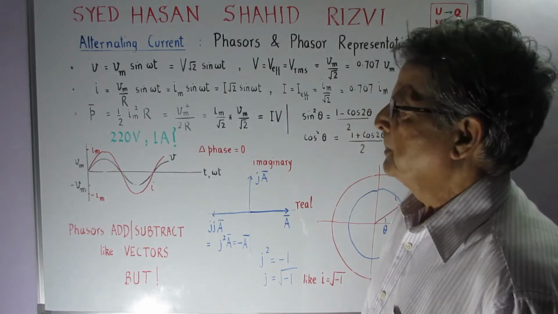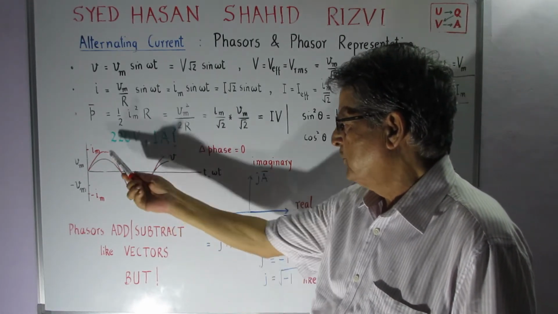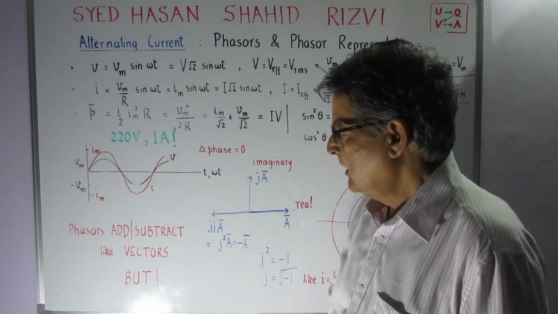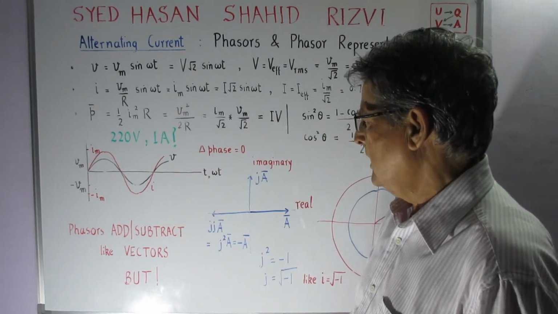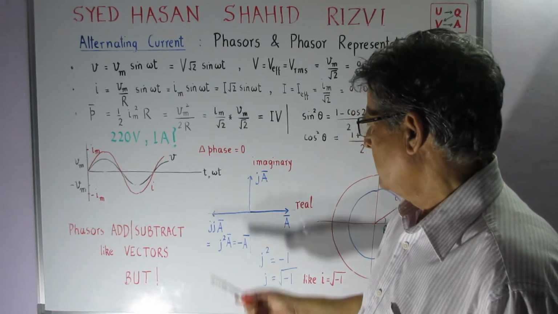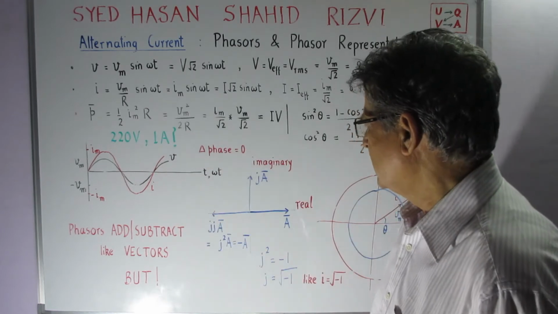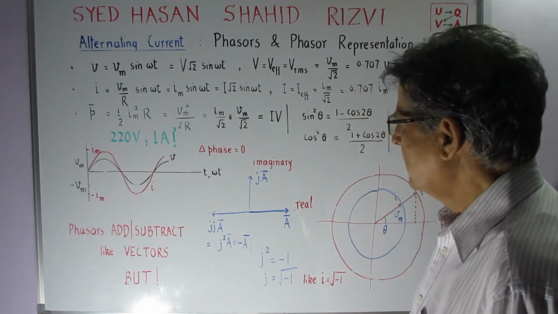You can see that there is no phase difference, no lagging behind or ahead in time, whether we take it t or omega t, etc. I've just left that for you to complete.